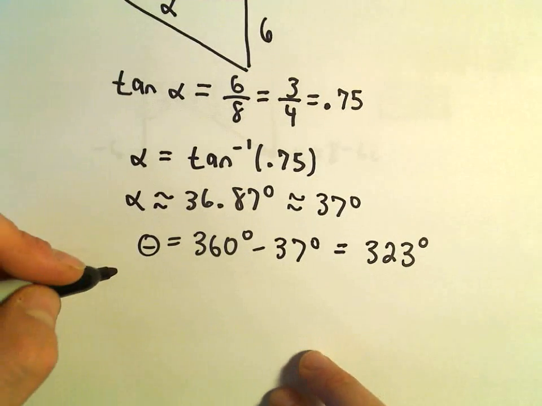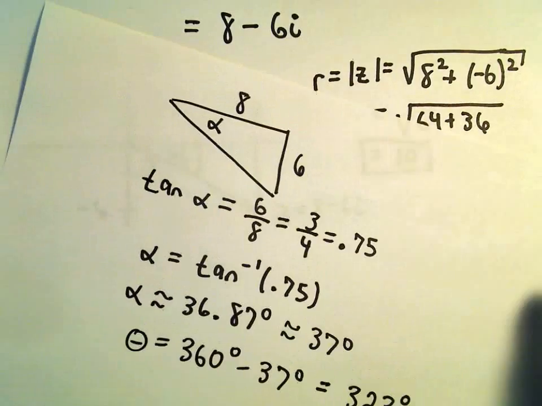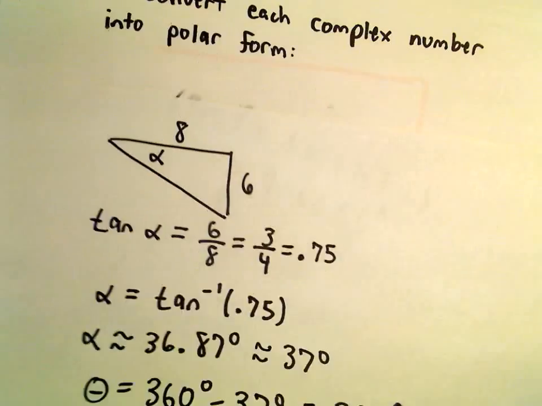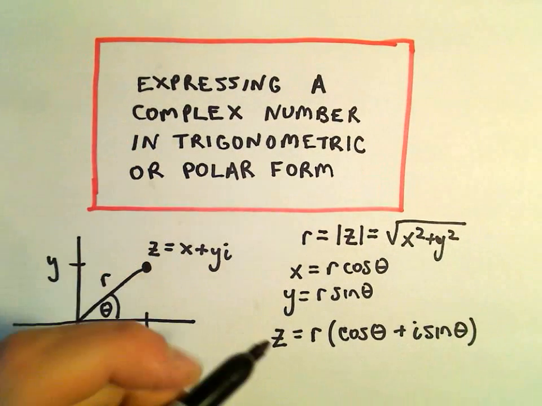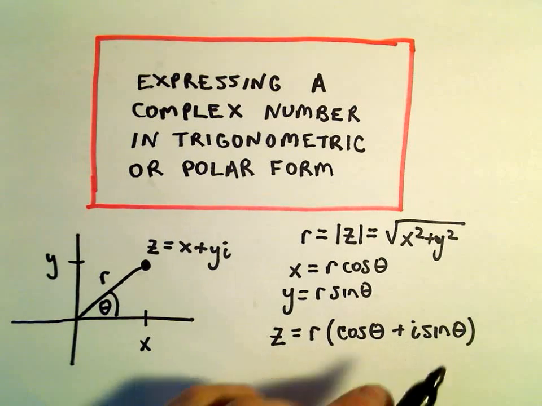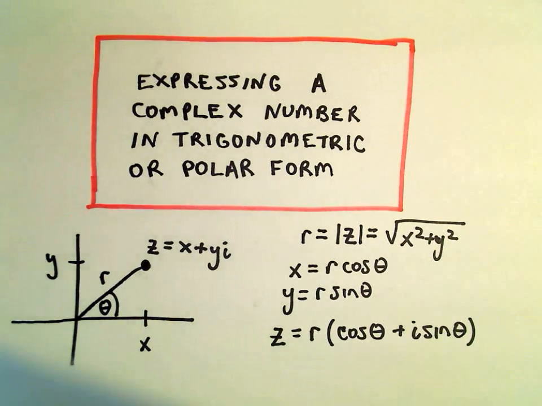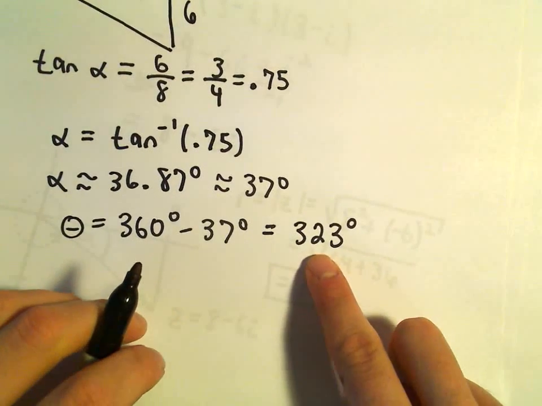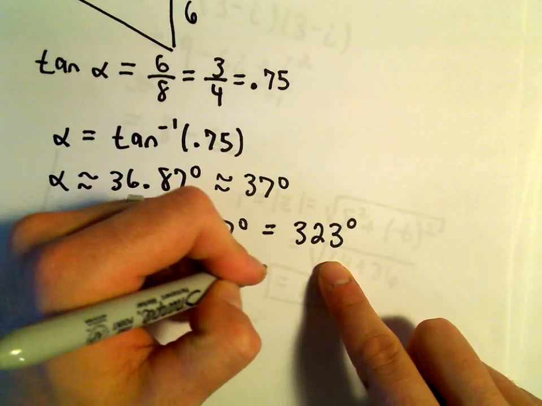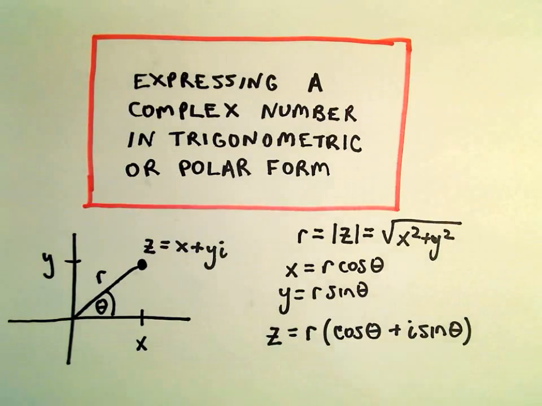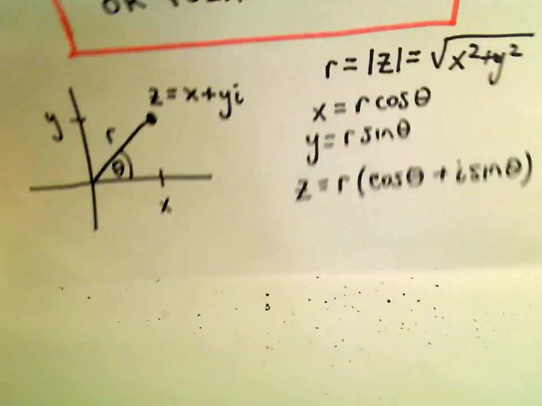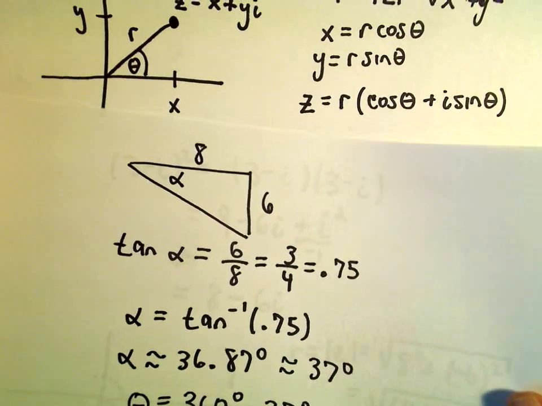So again, we can write our complex number as r times (cosine theta plus i sine theta). So we figured out our theta value is 323. We said our r value was equal to 10. So now just filling in this formula one more time.